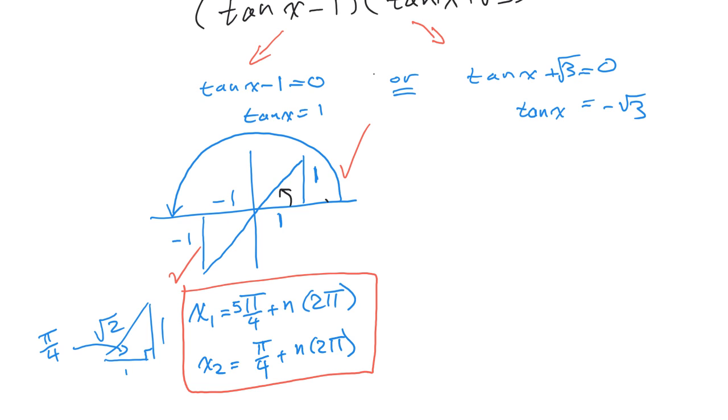The right side of our bracket has two solutions again, but this time, because they're both negative, those two solutions are in this quadrant here and this quadrant, because tan is negative in those two quadrants. So our triangles are going to look like this. One looks like this and one looks like that underneath the x-axis.